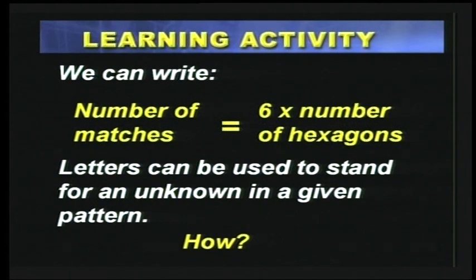This is how you can write that in mathematics. Number of matches. We are trying to work out how many matchsticks altogether we are going to use to form a certain number of hexagons. Having in mind for 1 we use 6 matchsticks times the number of hexagons.